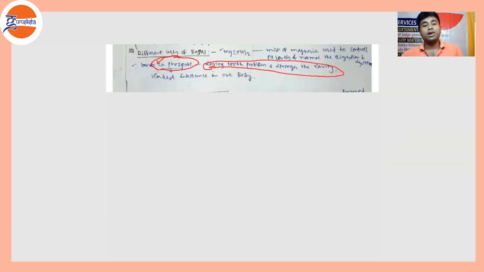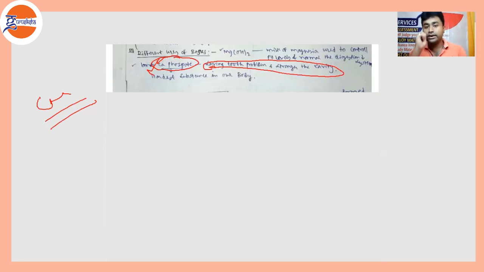When calcium phosphate is consumed in our body, the problem of our teeth, especially cavities, is decreased. So when we consume calcium phosphate, the enamel of our teeth is going to be stronger and more effective, and we get power in our teeth.